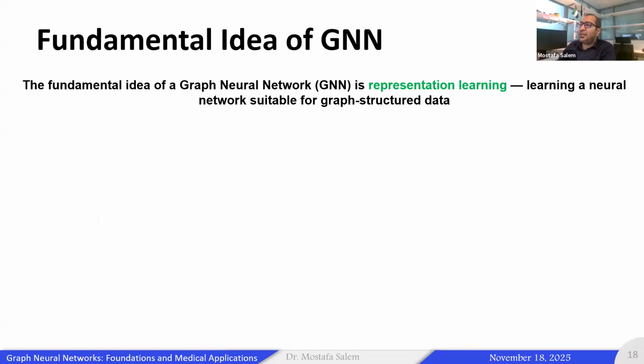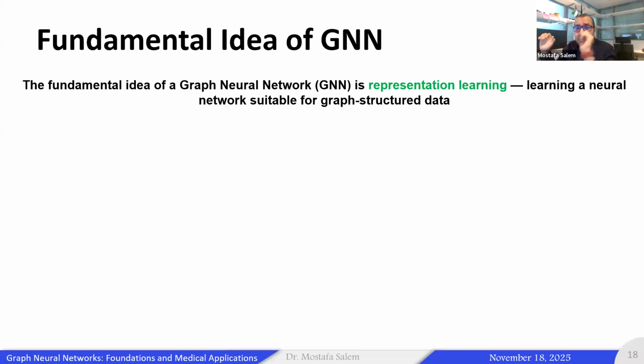So the fundamental idea of graph neural networks is what's called representation learning. Representation learning, this is what all deep learning architectures try to do. You have input data, you have a patient with EHR records, with MRI data, with CT data, with genomic data.